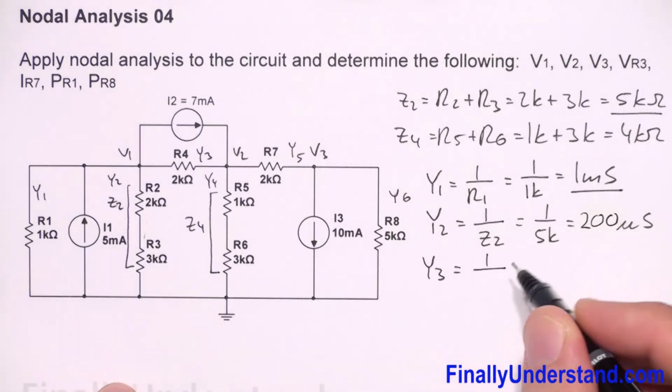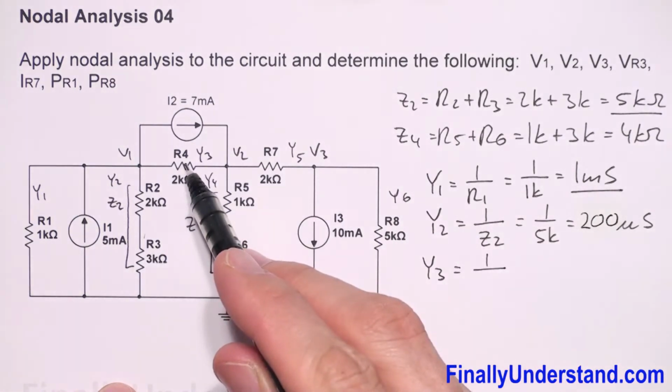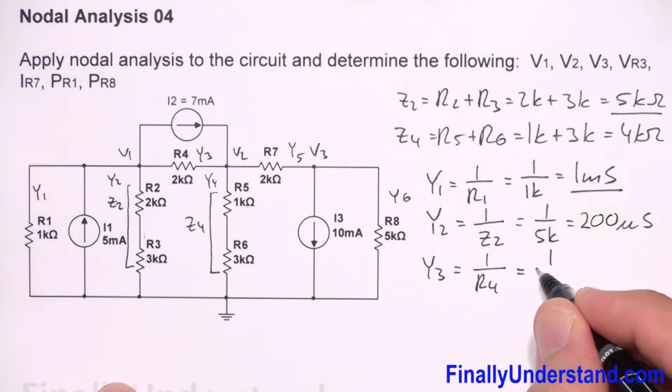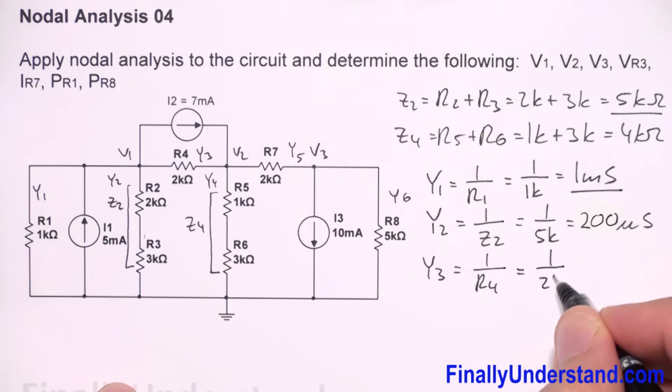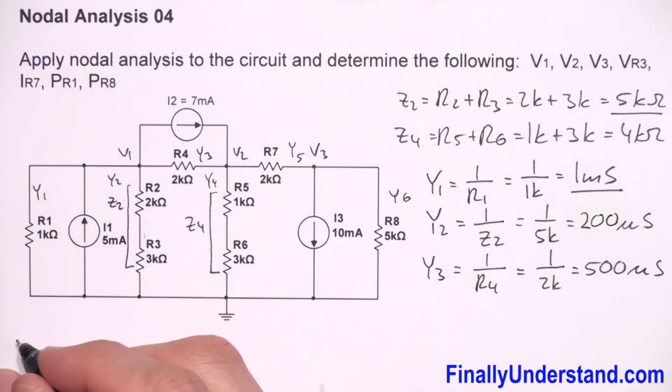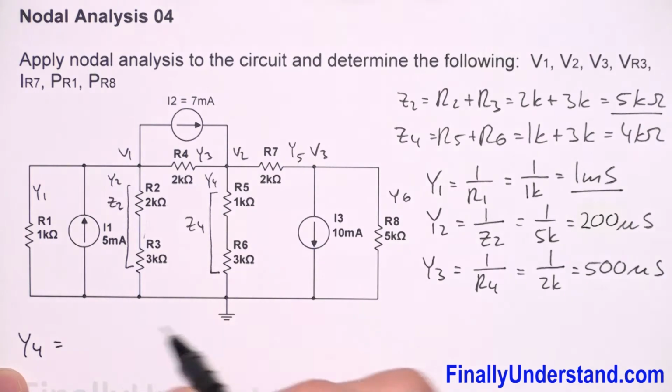Next, I'm supposed to find Y3. Y3 is 1 over R4. Okay, so this is equal 1 divided by 2 kilo. This is equal 500 microsiemens. Next, I'm supposed to find Y4.